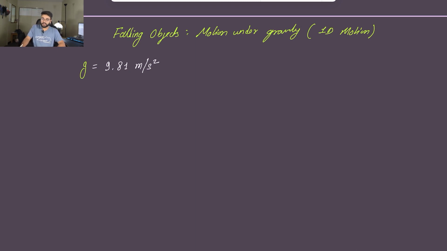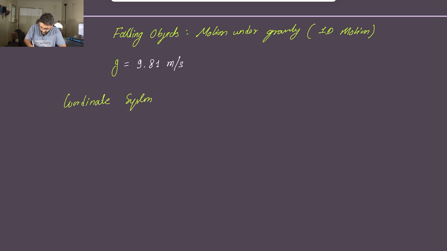Now, to solve equations related to one-dimensional freely falling objects, we first need to understand that we have to attach a coordinate system to our problem. What that means is that we just keep in our minds that there's a coordinate system here, and it's going to be this one.